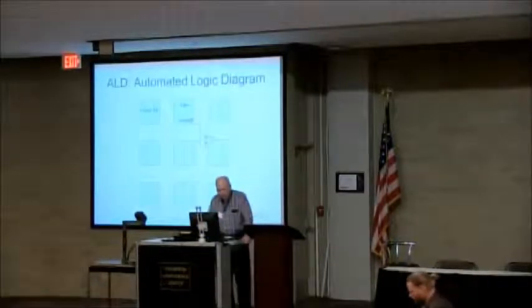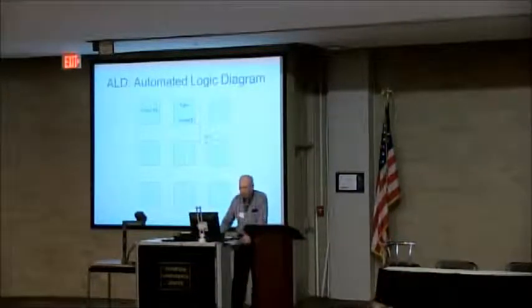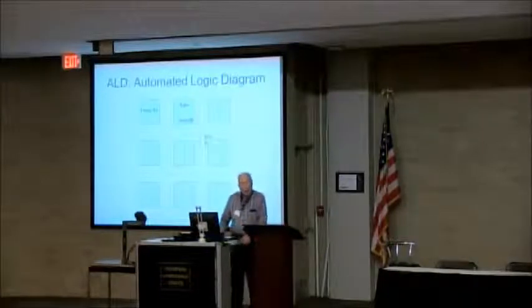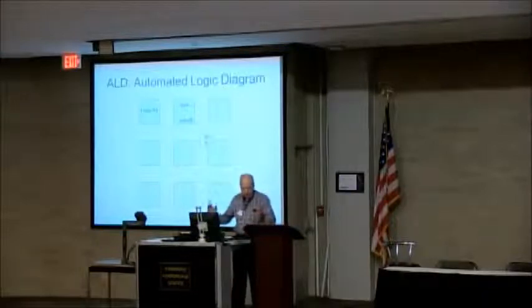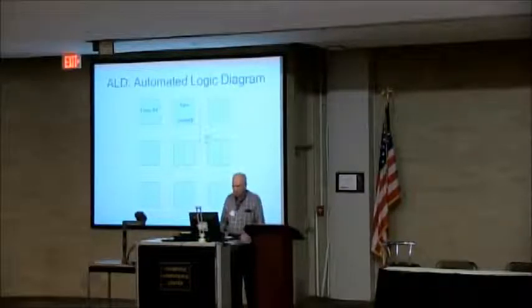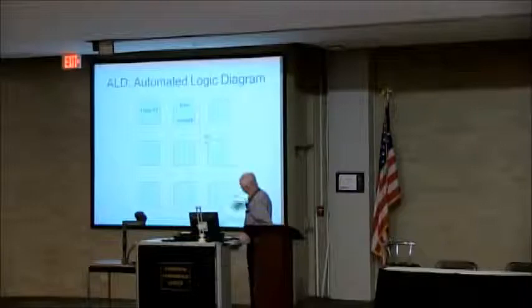The key to it from the designer's point of view was something called the ALD, Automatic Logic Diagram. This would be a sheet, perhaps 18 inches by 24 inches, with maybe about 36 of these little boxes.